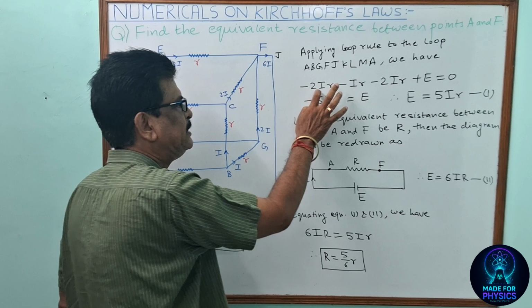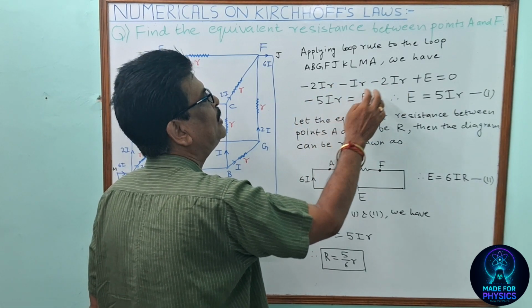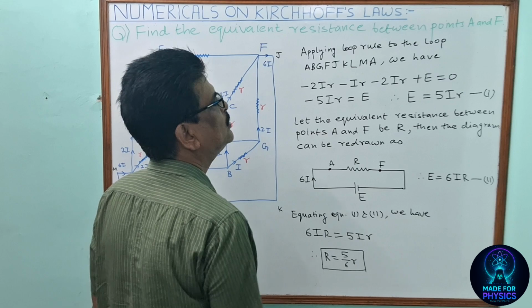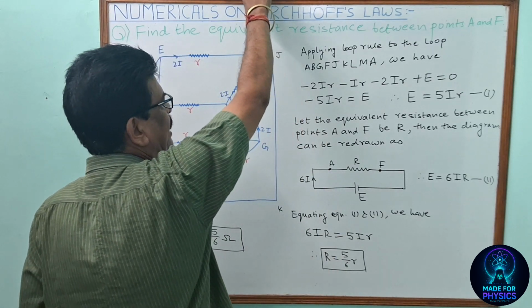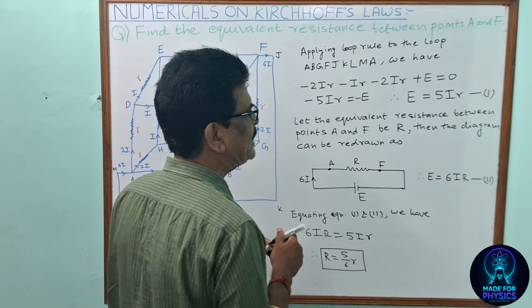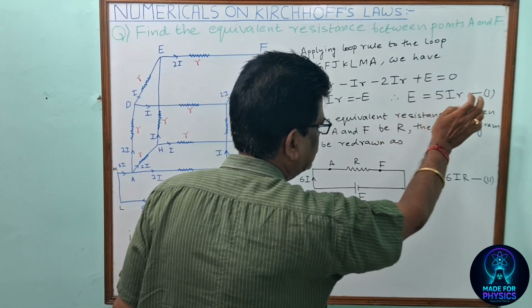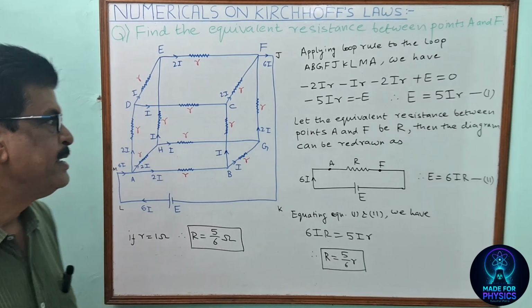If I add these, it becomes minus 5IR, and I'll take E to the other side. So it becomes E equal to 5IR. This is the first equation.